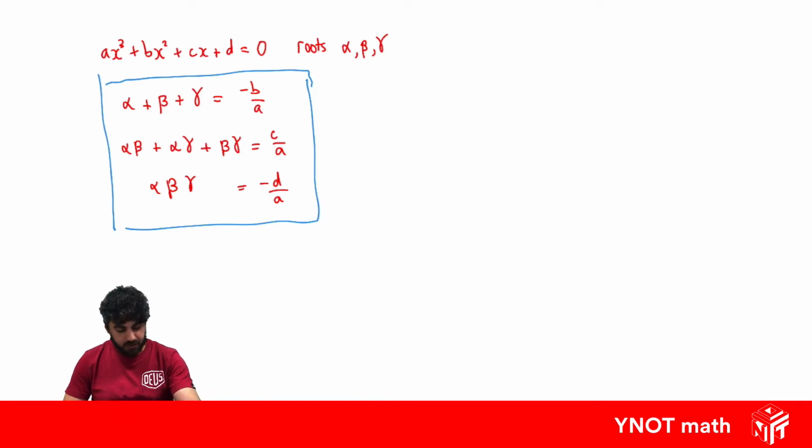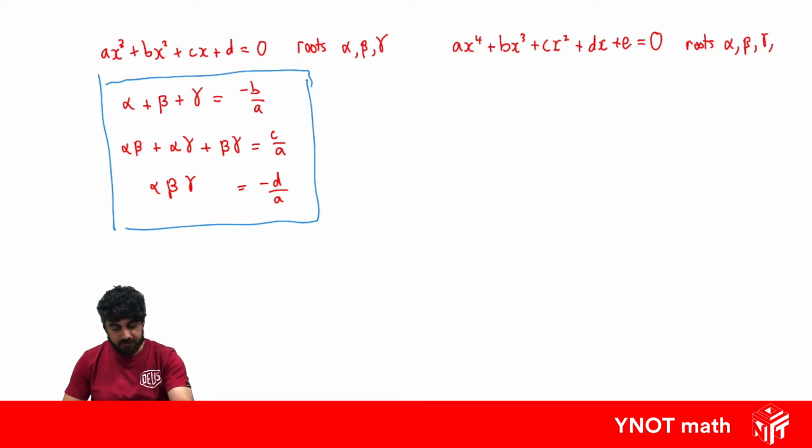What about a quartic equation, where we have it in the form ax to the 4 plus bx cubed plus cx squared plus dx plus e equals 0, where this time the roots are alpha, beta, gamma, and theta. So sometimes you might see delta, but I'm using theta. So we have the results that alpha plus beta plus gamma plus theta also equals minus b over a.